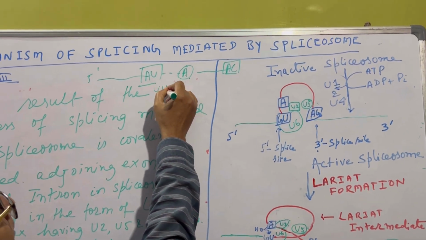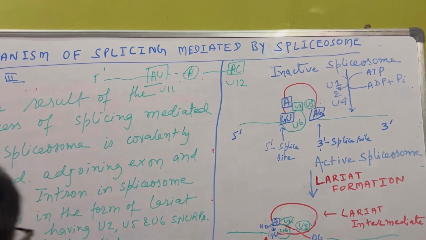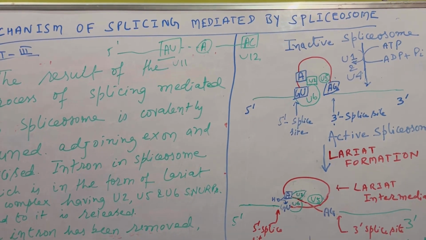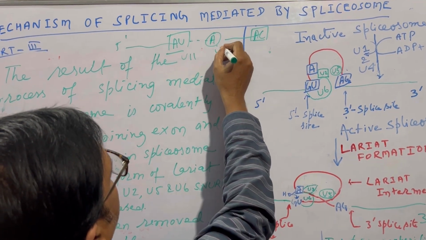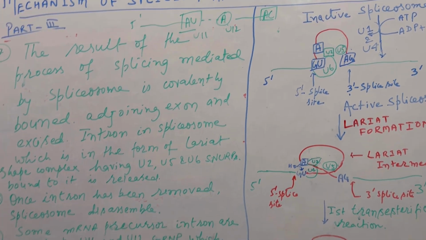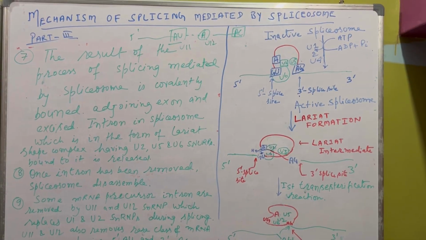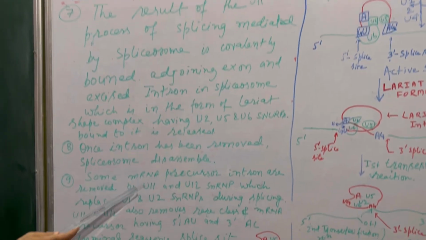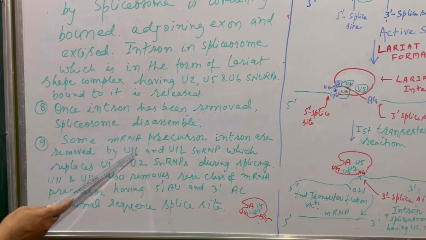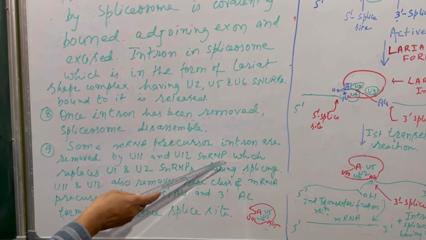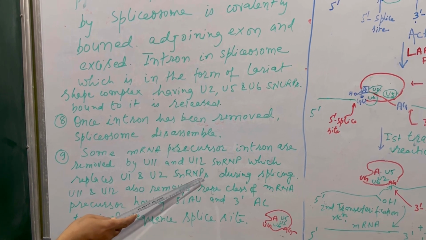here U11 will come and here U12 will come. That is, U1 and U2 will be replaced by U11 and U12, and this is the statement: some mRNA precursor introns are removed by U11 and U12 snRNPs, which replace U1 and U2 snRNPs.